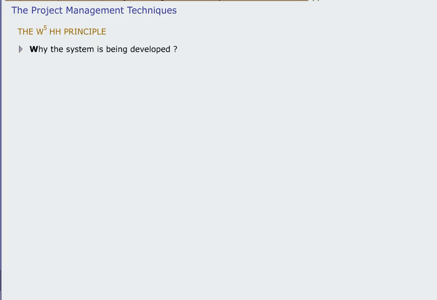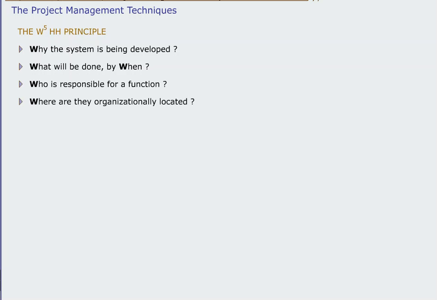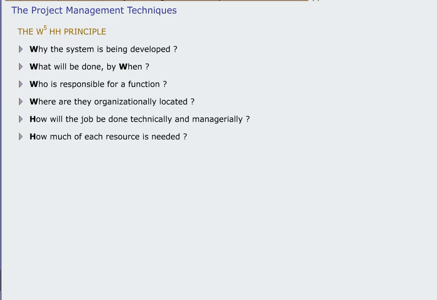Why is the system being developed? What will be done? By when? Who is responsible for a function? Where are they organizationally located? How will the job be done technically and managerially? How much of each resource is needed?